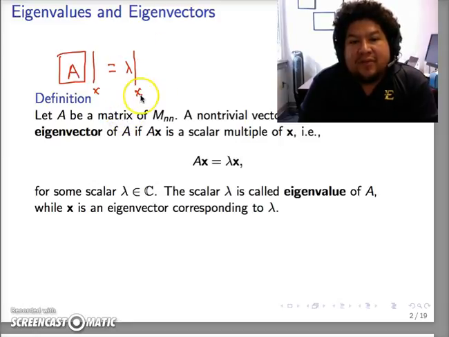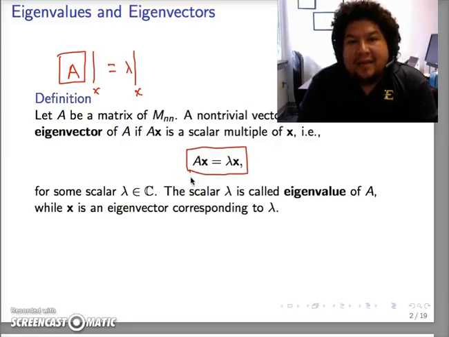That's the way of thinking of a scalar multiple lambda. So this equation, being a vector equation, is at center stage in defining eigenvalues and eigenvectors. This is the eigenvalue eigenvector problem.